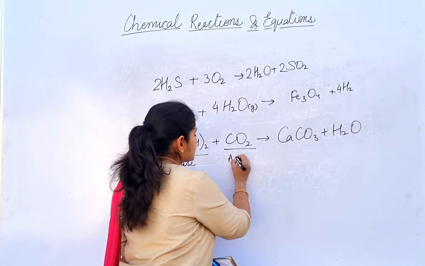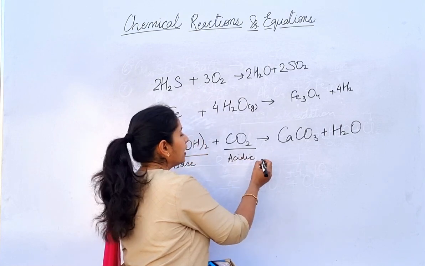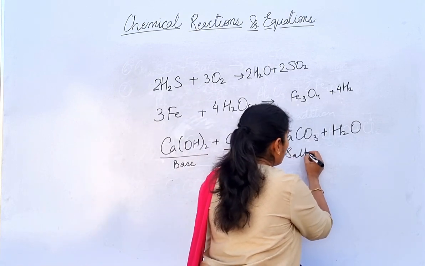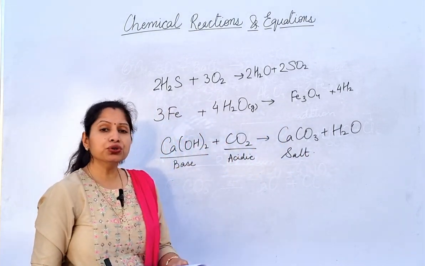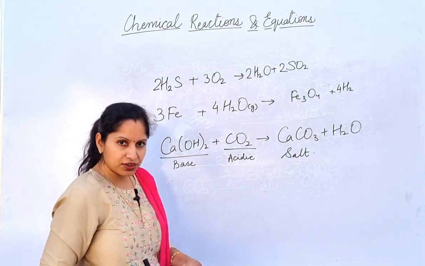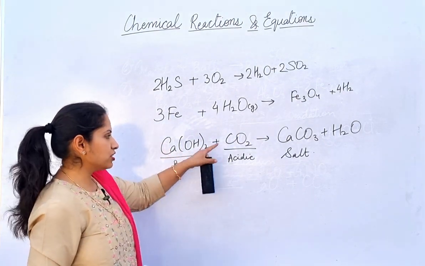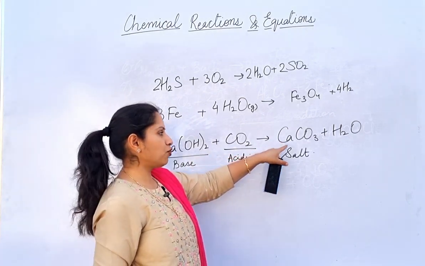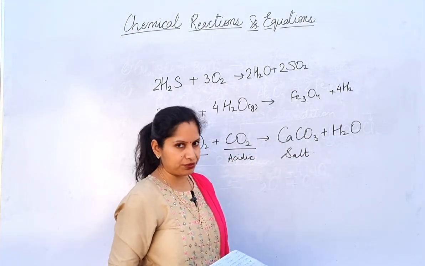So this carbon dioxide has acidic properties and forms salt and water. So it's an example of neutralization reaction. Okay. So this we use for whitewashing. It combines with carbon dioxide to form a salt, calcium carbonate, and water. Fine.